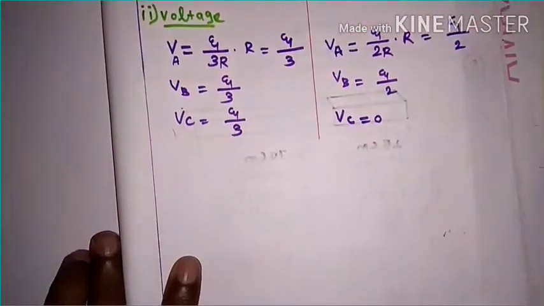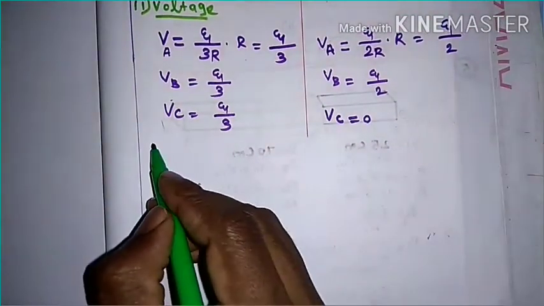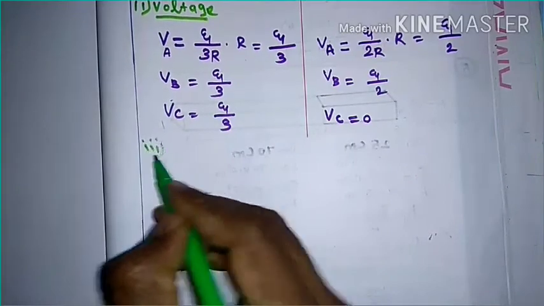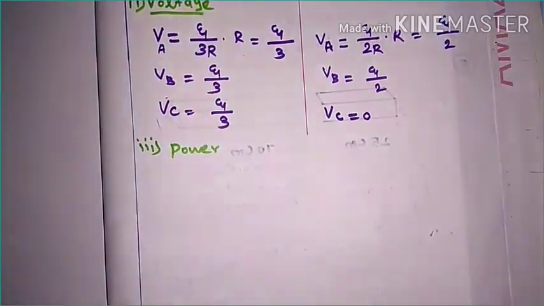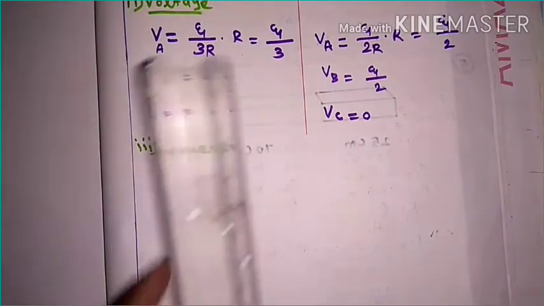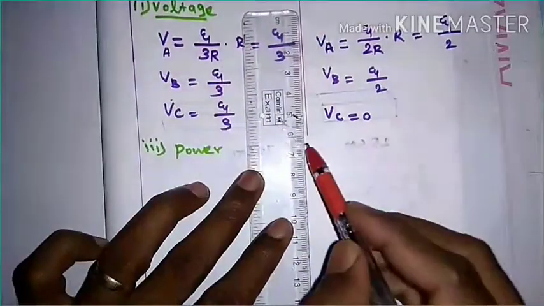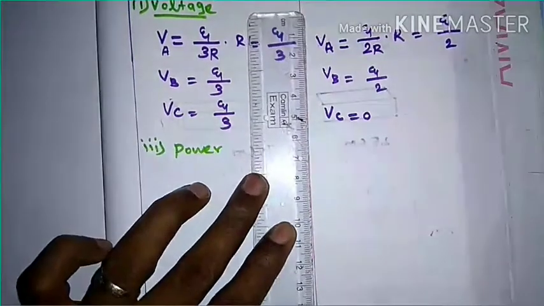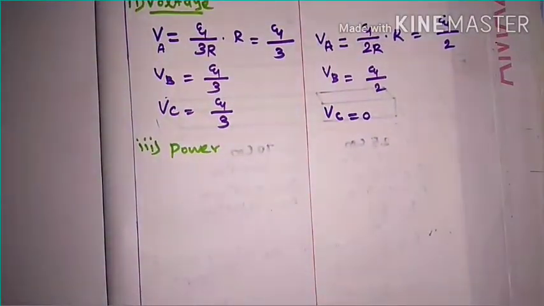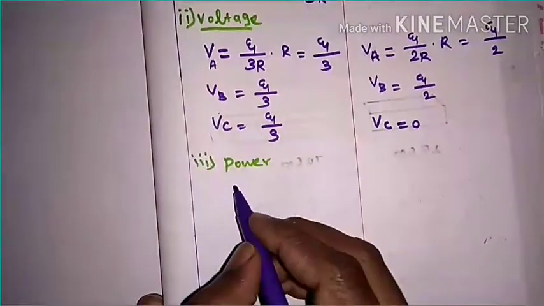Next, we are going to find out the third one, the power of each resistor. We have the relation between power, potential and resistance.